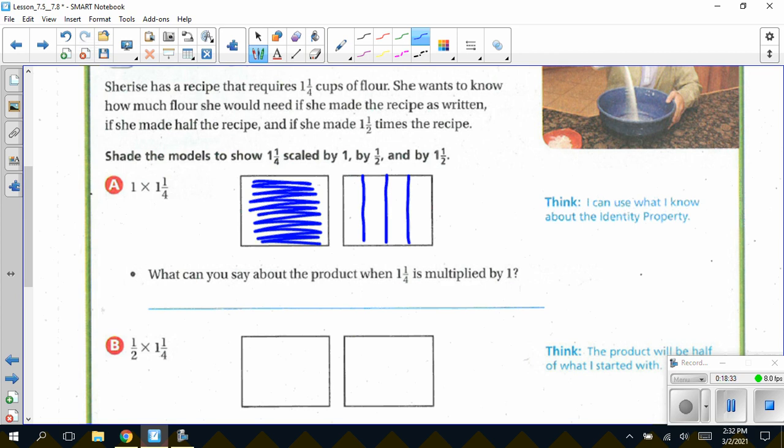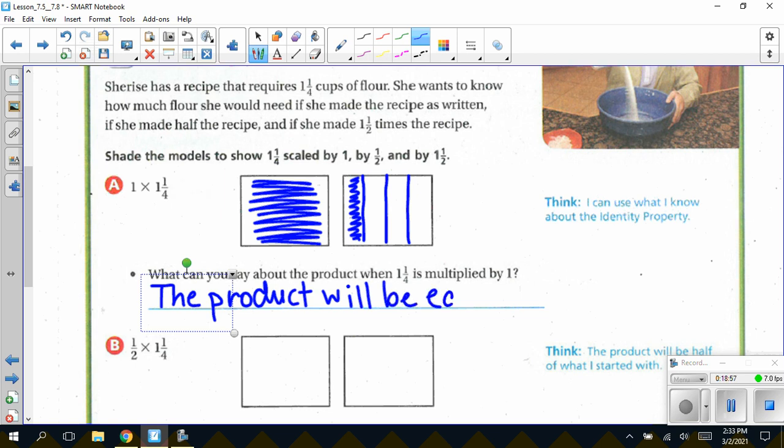And I'm going to shade one of those 4 sections. So I know that if I take any number times 1, so if I have 1 1/4 and I multiply it by 1, the product will be equal to 1 1/4.